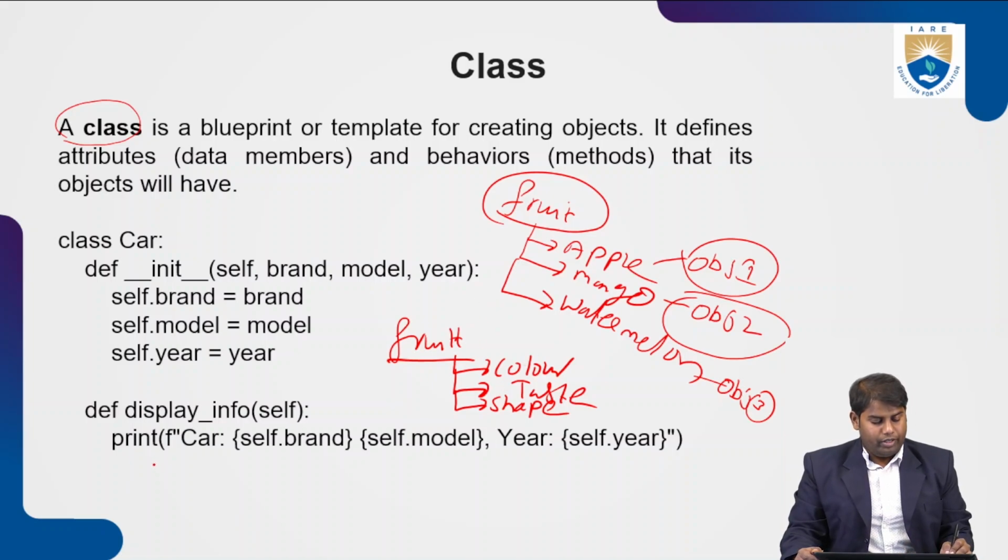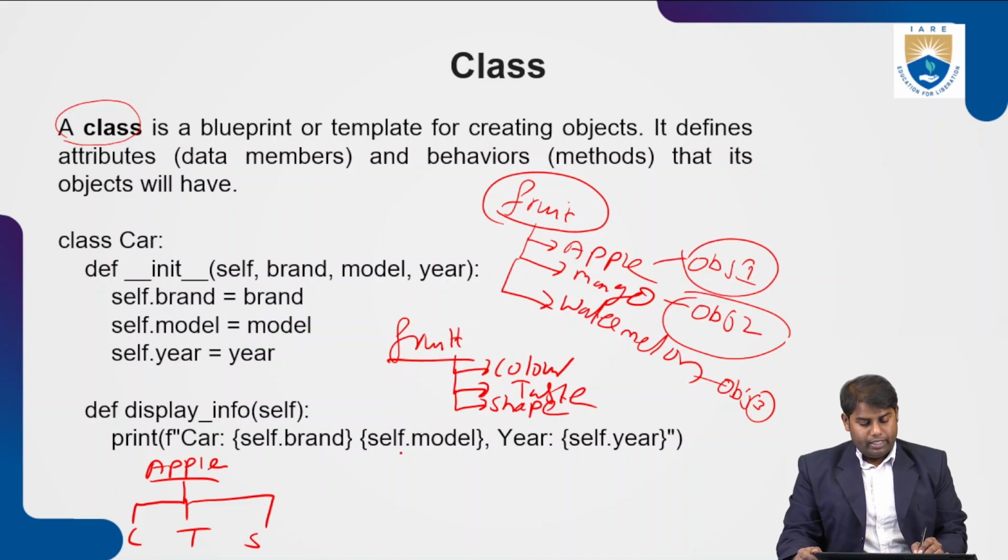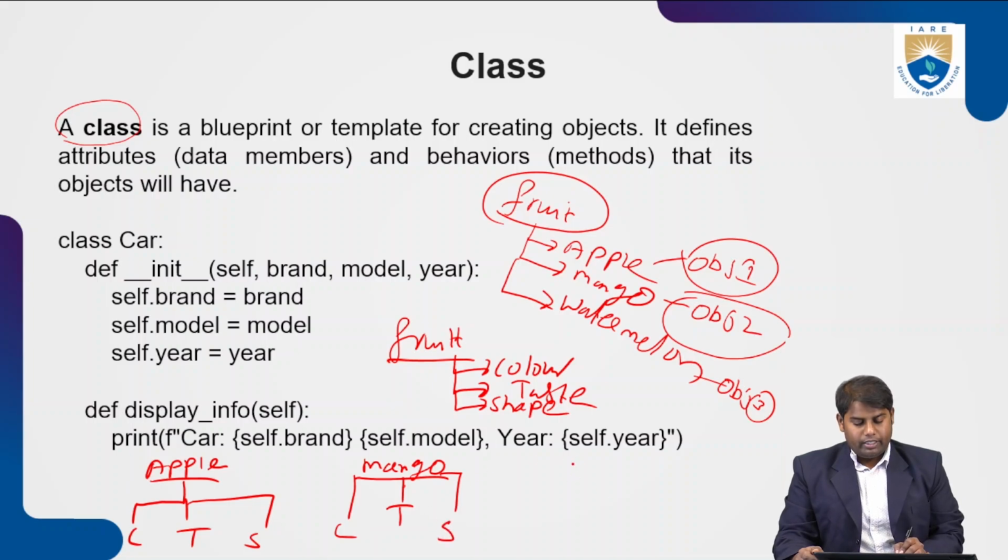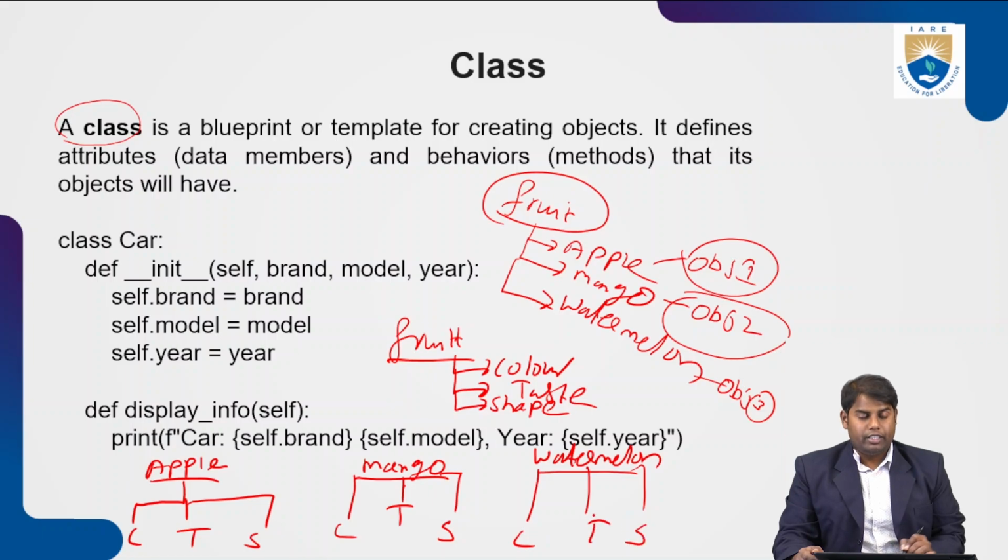For example, take apple, which is object 1, with color, taste, and shape. Object 2 is mango, where we have color, taste, and shape. And another object is watermelon, with color, taste, and shape.